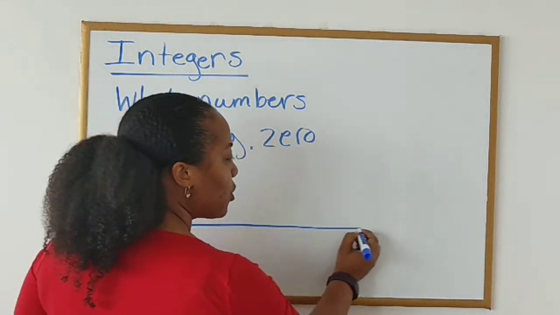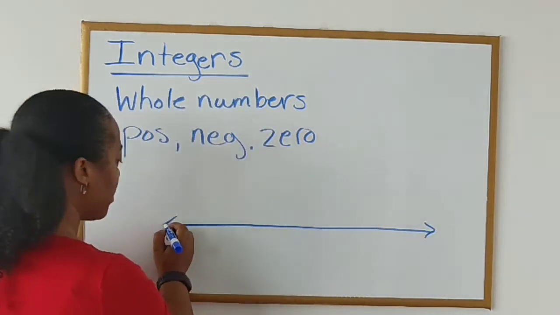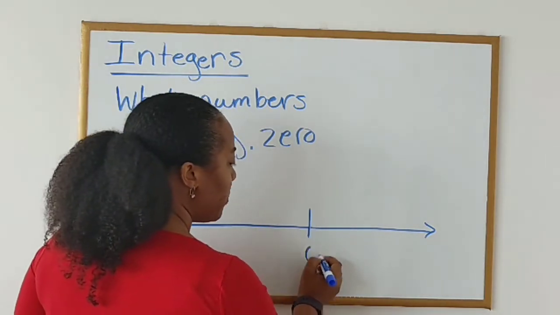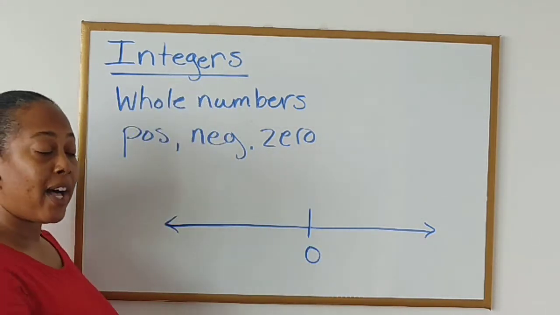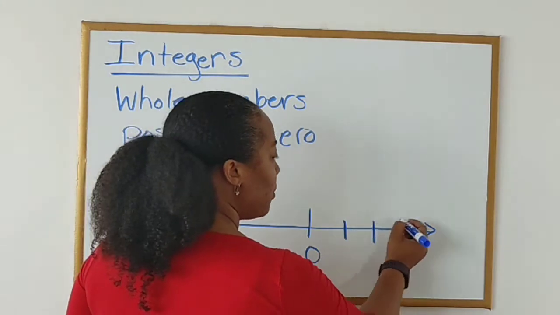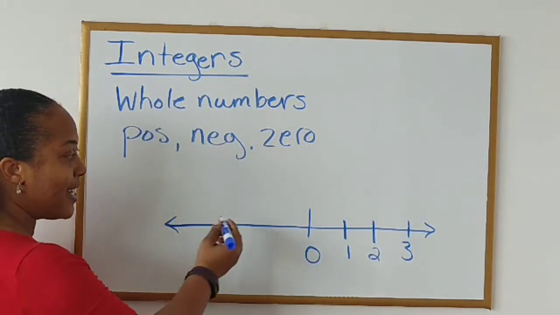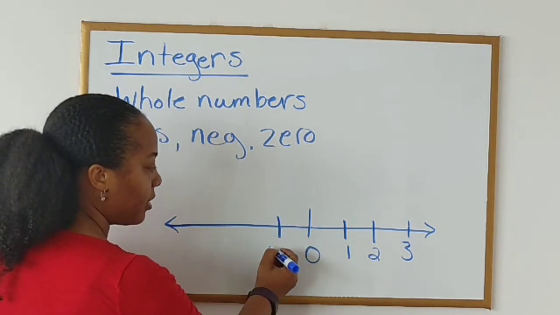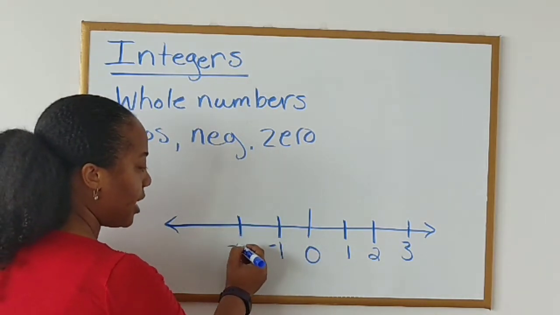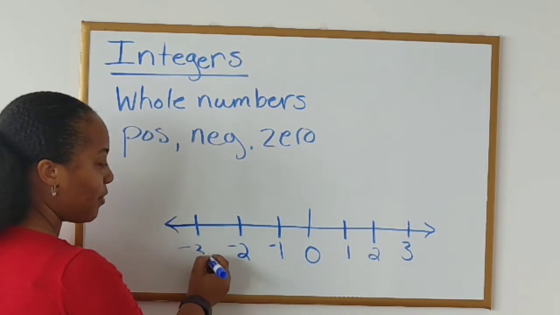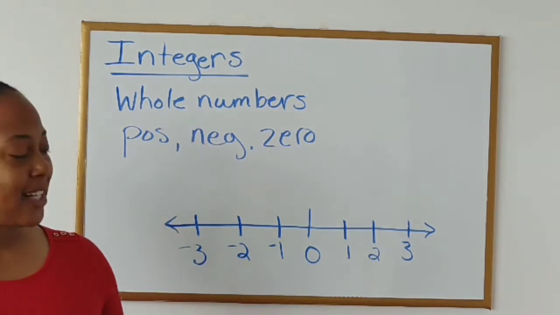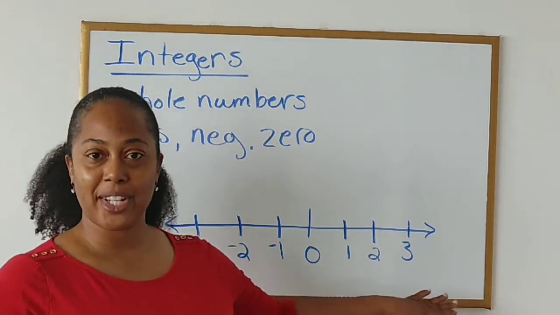So if we were to draw a number line here, we know 0 would be in the middle. We have positive numbers, 1, 2, and 3. And then we also have negative numbers, negative 1, negative 2, and negative 3. Alright, these are all integers here.